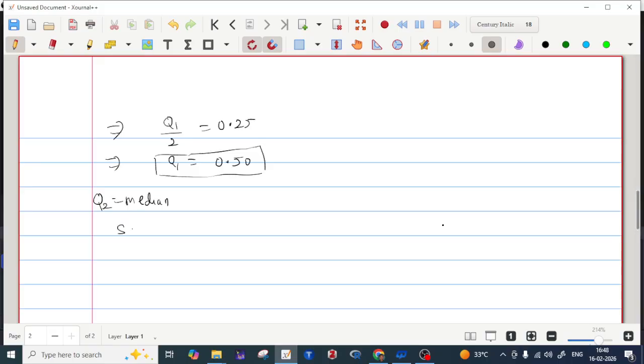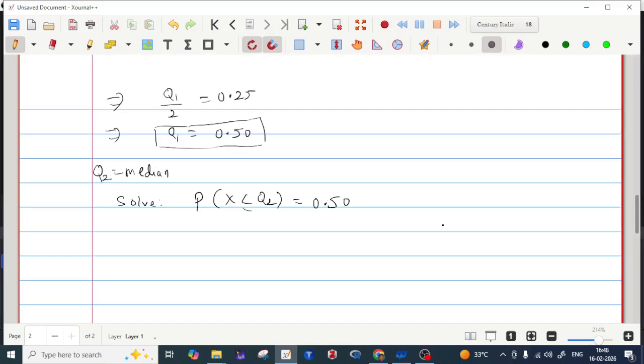To obtain the median, solve probability of X less than or equal to Q2 equals 0.50.